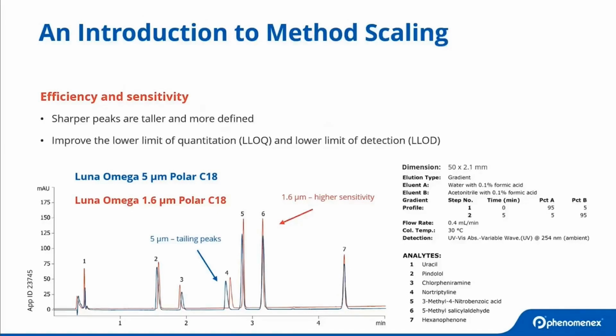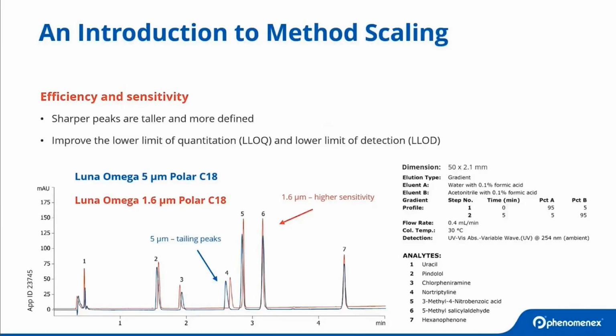For now, though, what we are looking at are an overlay of two chromatograms that were performed with the same instrument conditions, the same sample, and the same column dimensions with respect to the length and the internal diameter. The only difference being the particle size.